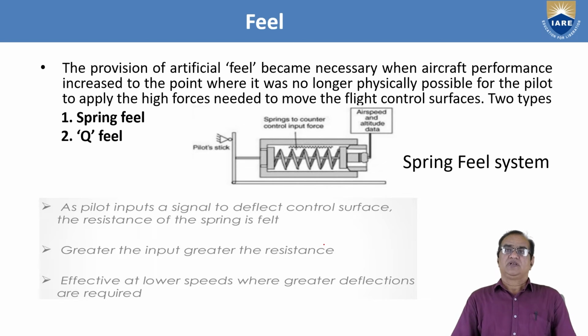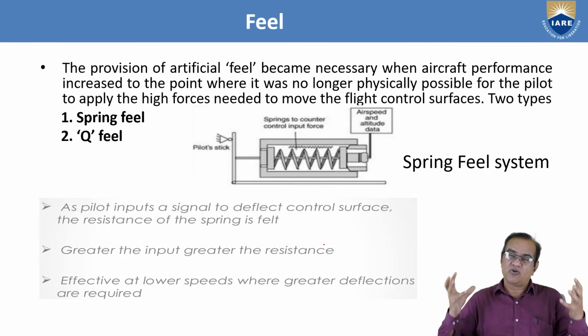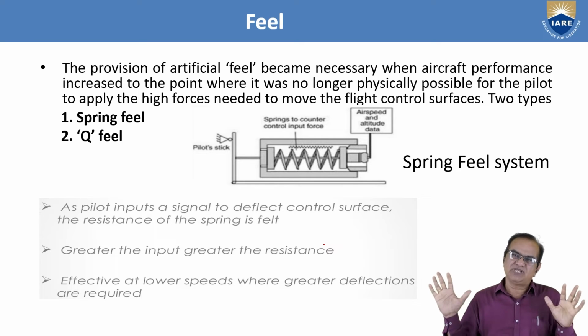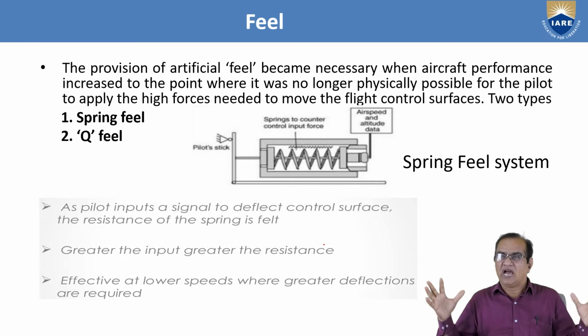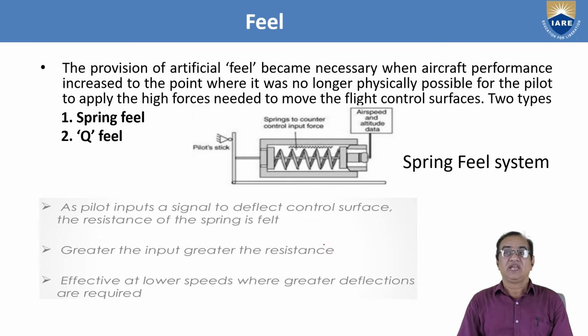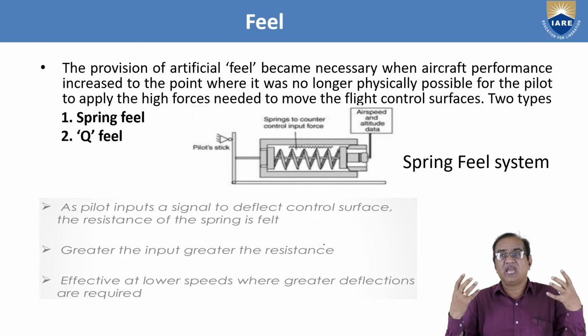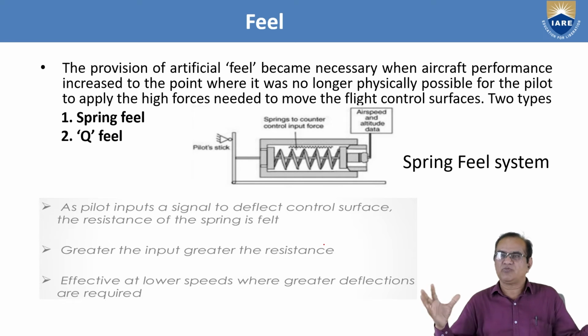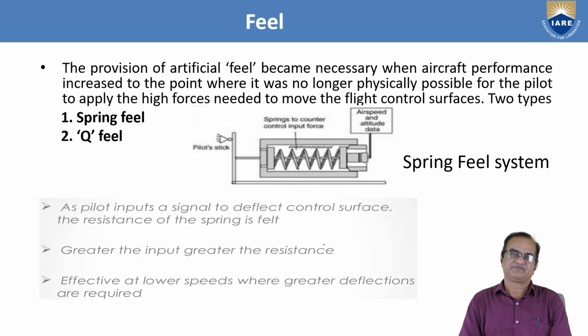So, regarding the provision of artificial feel, you know that nowadays it is autopilot or hydraulically operated or electrically operated. The pilot will not experience how much force my aircraft control surfaces are generating. It is very much essential that the person flying the aircraft should be able to feel how much aerodynamic force, moment, inertia and other activities are taking place on the aircraft.